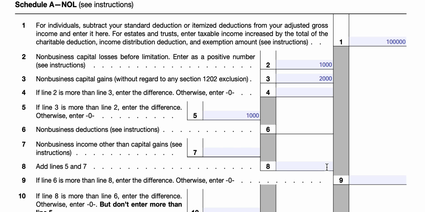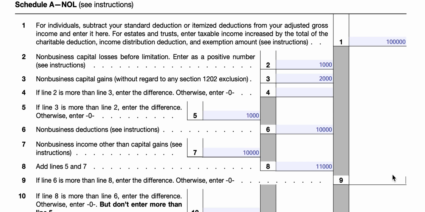So in line 8, you'll add lines 5 and 7. So if we had $10,000 of non-business income outside of capital gains, we would combine these two to arrive at $11,000. Let's imagine that we had $10,000 of non-business deductions. So if line 6 is more than line 8, you'll enter the difference here.